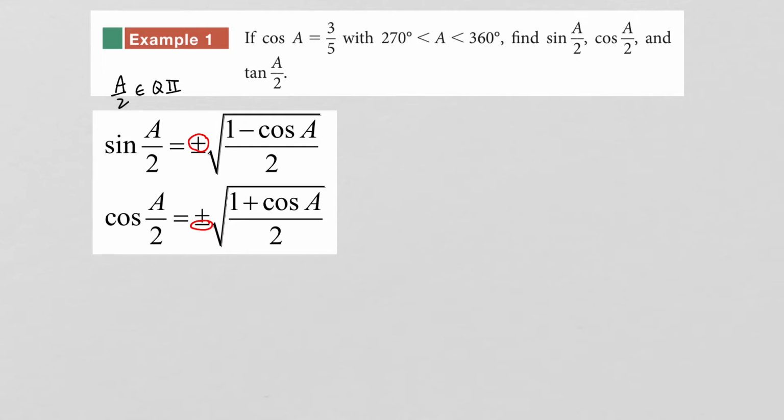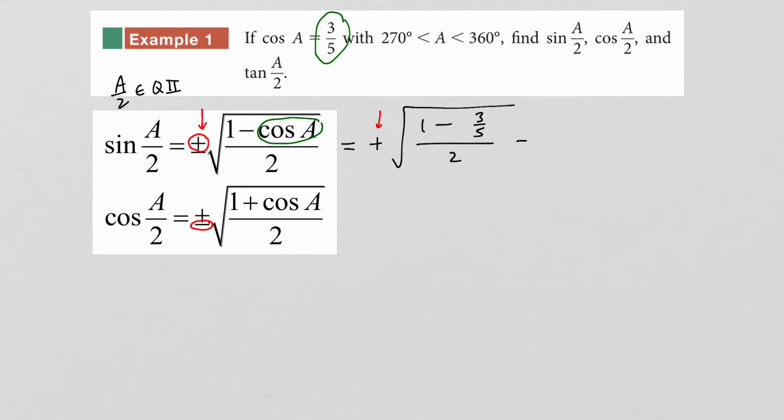So now to figure out the sine of a over 2, we know that it is going to be equal to the positive square root of (1 minus the cosine of a) divided by 2. So what is the cosine of a? Well, they actually told us that. So that's 3/5. Now, why do I put the plus sign here? I'm emphasizing that I made a choice, right?